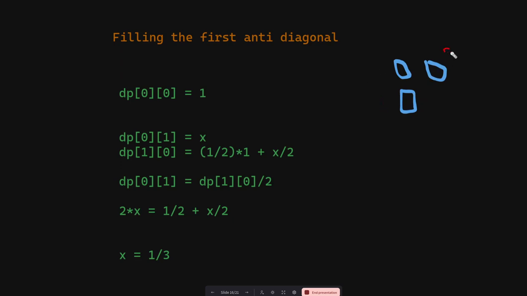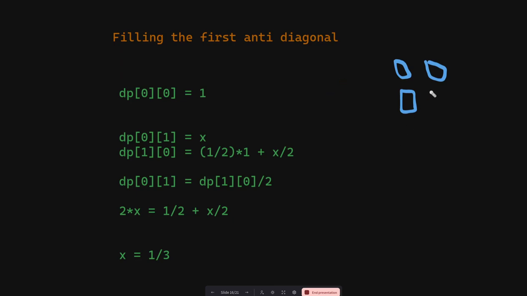If you assume this value as x, this value would be half into 1 plus half into x. That is why DP[1][0] is half into 1 plus x by 2, which is what we determined: any cell can be written as a contribution of the cell on top and the cell on the anti-diagonal.